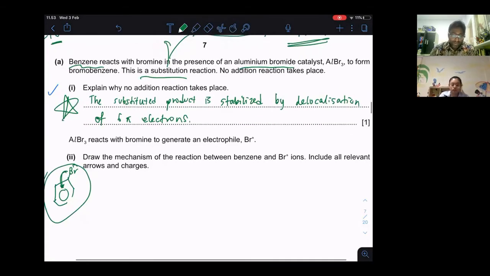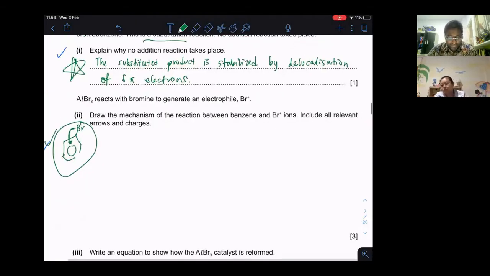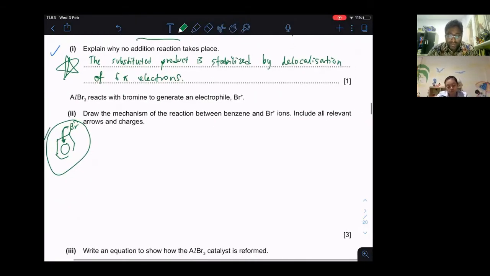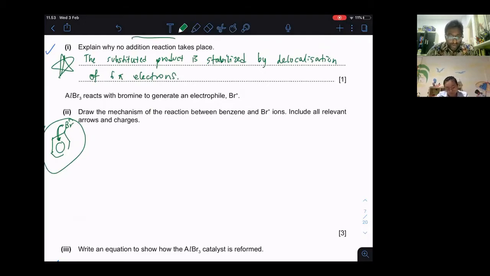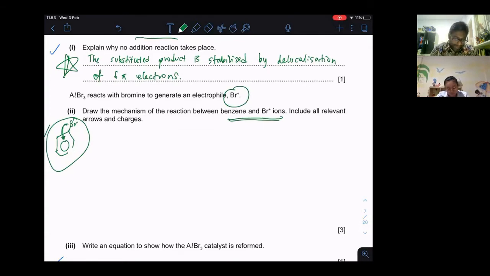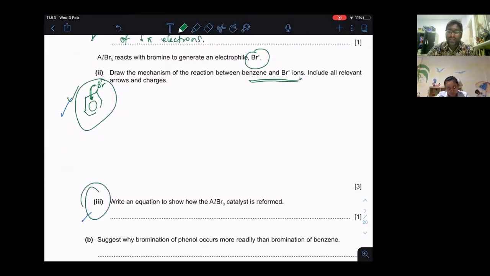Let's move on. AlBr3 reacts with bromine to generate an electrophile. Draw the mechanism of the reaction between benzene and Br plus ions. Basically, this is going to be the electrophile. You do not need to write the equation here, but I think they ask you to write the equation in the third part: write an equation to show how the AlBr3 catalyst is reformed.